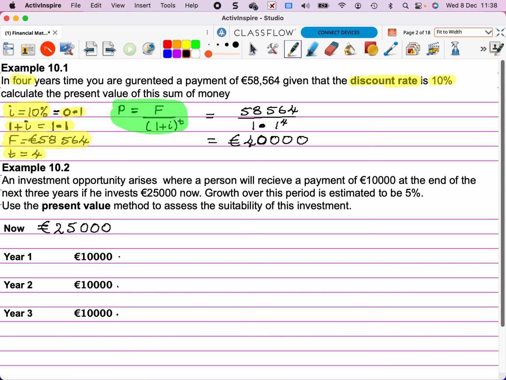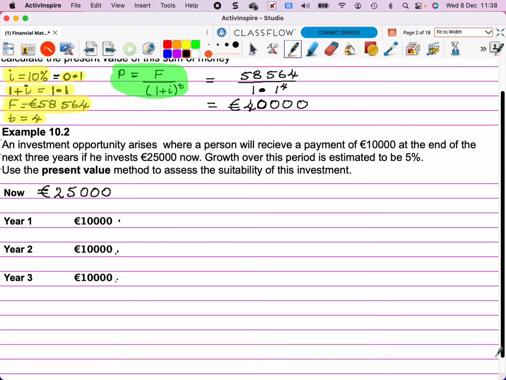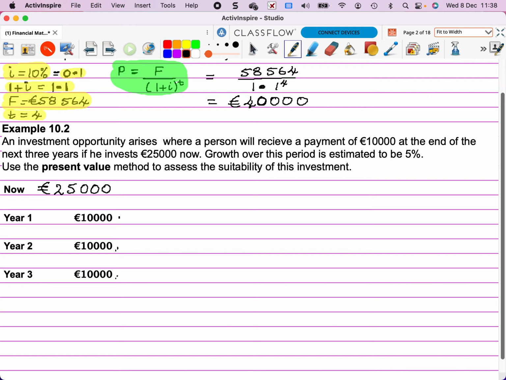If that present value, when we add them all up, is bigger than 25,000, then the investment was good. If we work out the present value of each of these 3 and discover that it's less than 25,000, then the investment is bad. So we're using present value in order to compare.